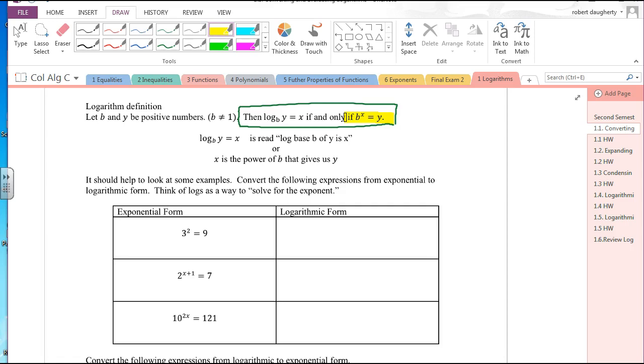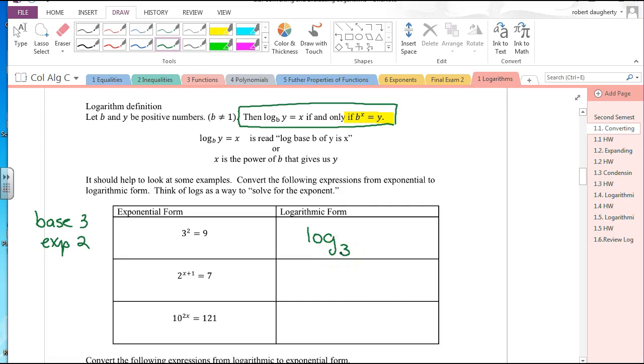So let's look at this. This is an exponential. What's the base? The base is 3. What's the exponent? Now I'm going to write that in log form. What's the base? 3. So the log base 3.